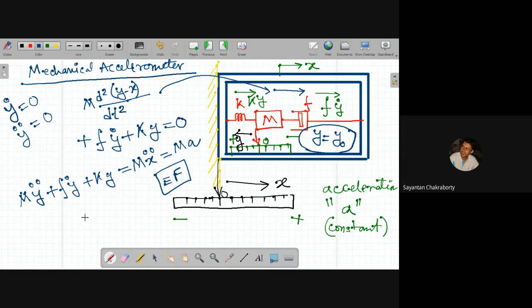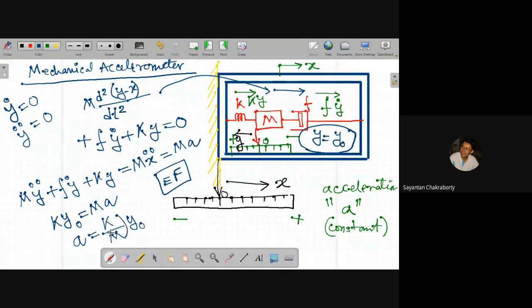So from this expression, what you will get? K y0 is equal to m into a. So the dynamic equation at steady state becomes an algebraic equation. From that, you can obtain a as k by m y0.